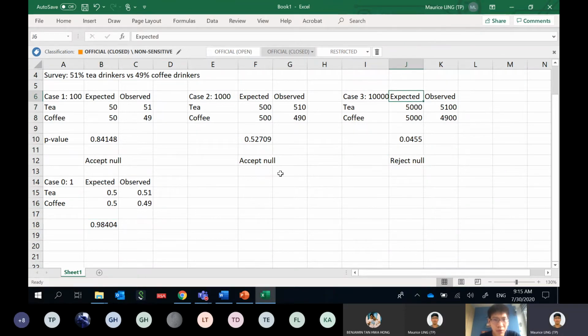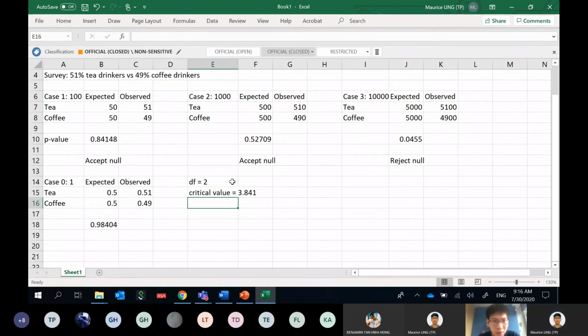So sample size is actually a big problem in your chi-square statistic because it is hidden. You realize that the critical value for all of them is the same because it depends on degrees of freedom, and all of them have the same degrees of freedom. So your critical value is still the same, 0.841.